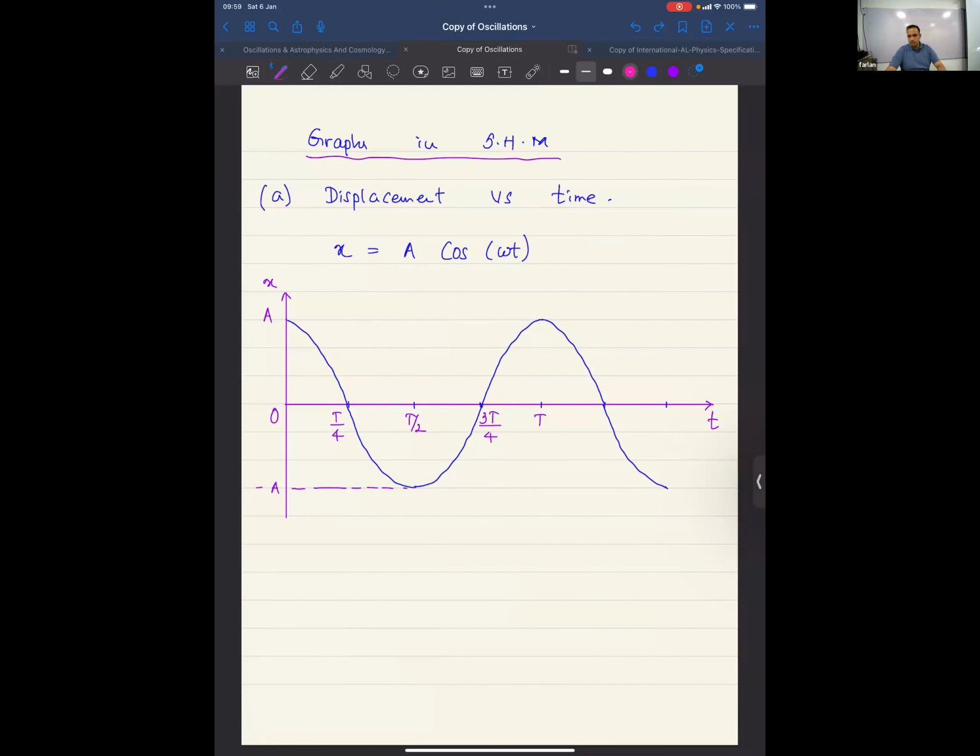Right, graphs in simple harmonic motion. Part A, displacement versus time. So, guys, we know x equals A cos omega t. So if you sketch a graph of displacement versus time, it will be in the shape of a cosine graph.